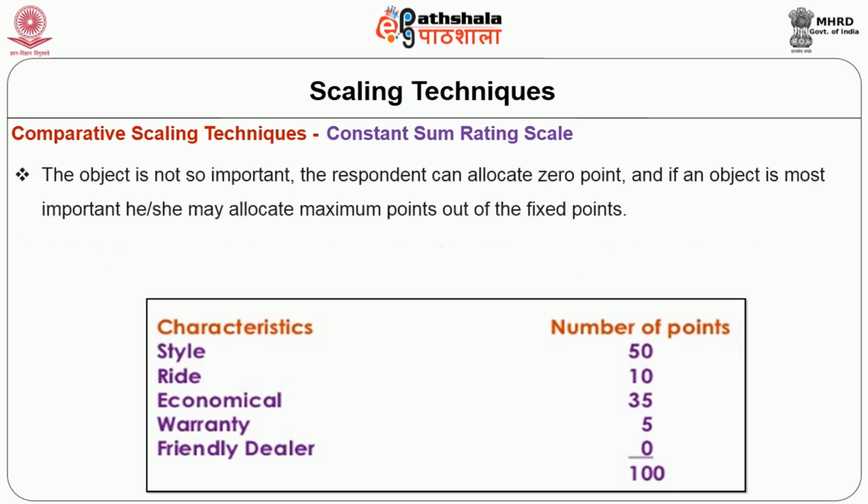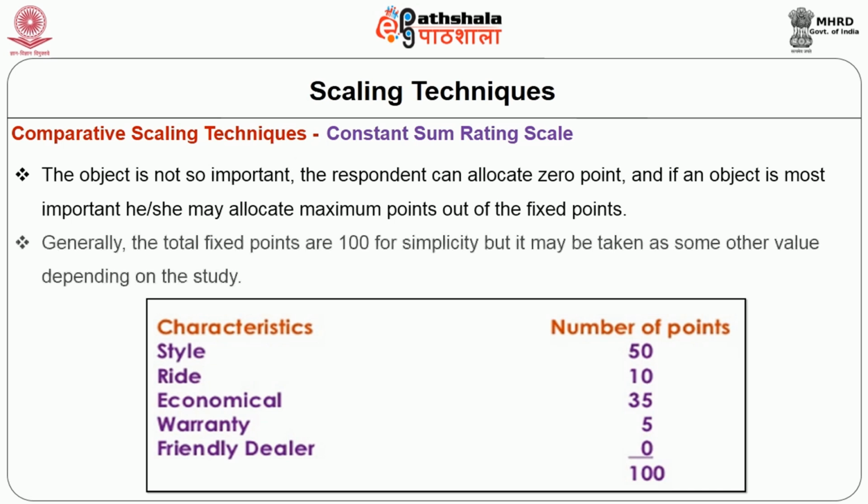If the object is not so important, the respondent can allocate 0 points, and if an object is the most important, he or she may allocate the maximum points out of the fixed points. Generally, the total fixed points are 100 for simplicity, but it may take some other value depending on the study.